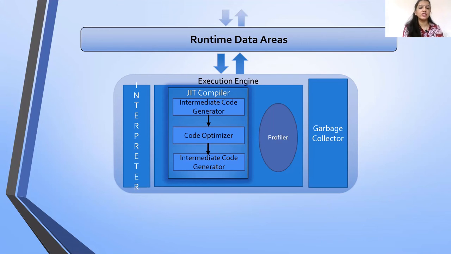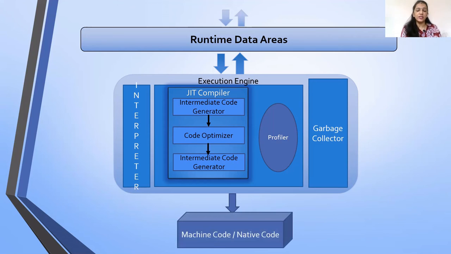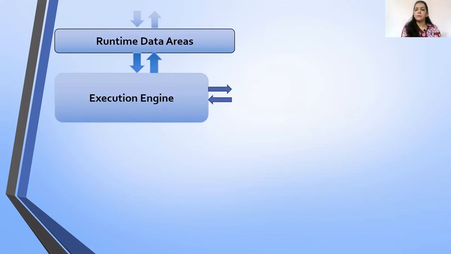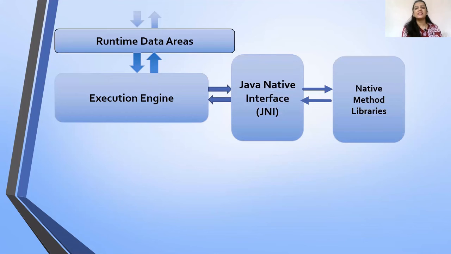Now, while executing Java programs, sometimes the execution engine may require some library methods. These native method libraries are provided by the Java Native Interface, which is also called JNI. So who provides these native libraries to the execution engine for the execution of the program, or for converting your Java program to native code?